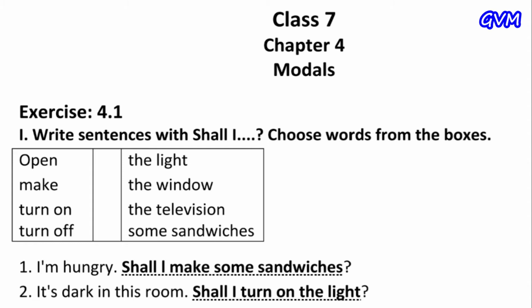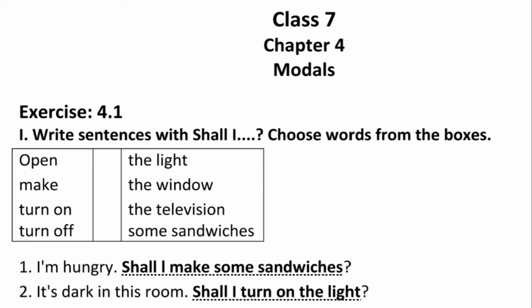But for commands, intention, warnings, promises and determinations, we use shall as second or third person, but we use will as first person, like I will help my friends and they shall not live here any longer.